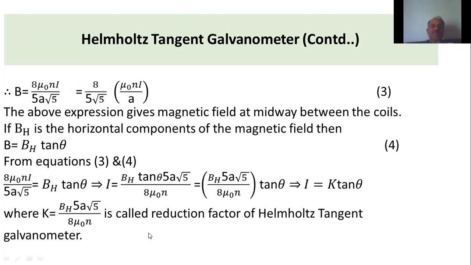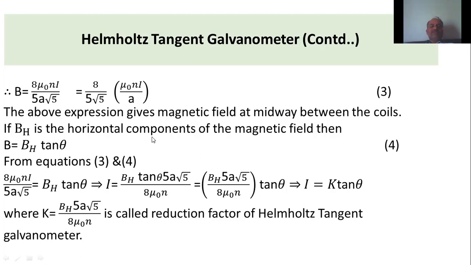This we simplify, and it gives 8 μ0 n I divided by 5a into root 5, or the equation can be written as (4/5)^(3/2) μ0 n I divided by a. The above expression gives the magnetic field midway between the coils.